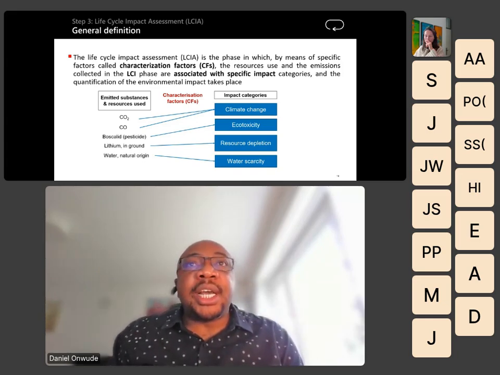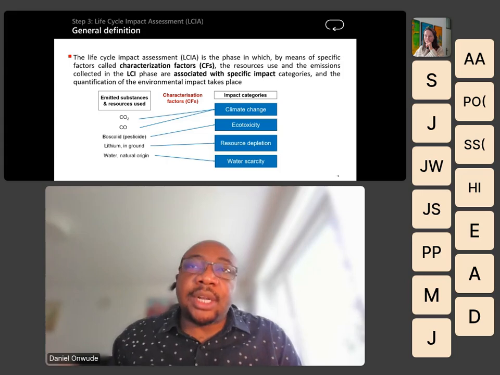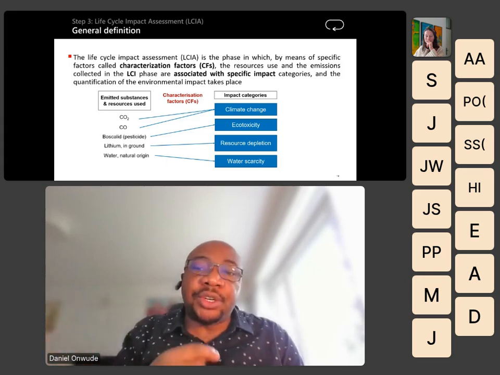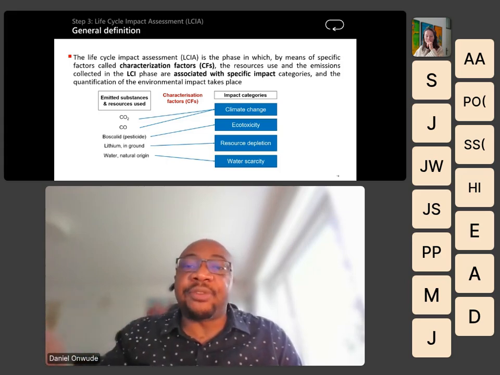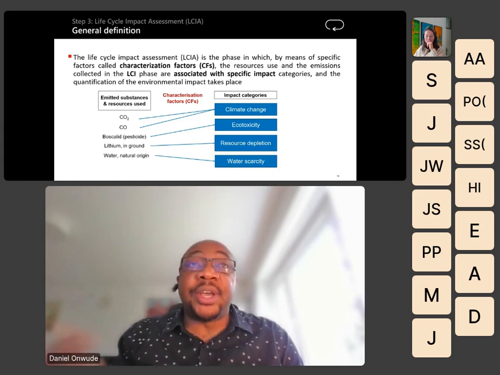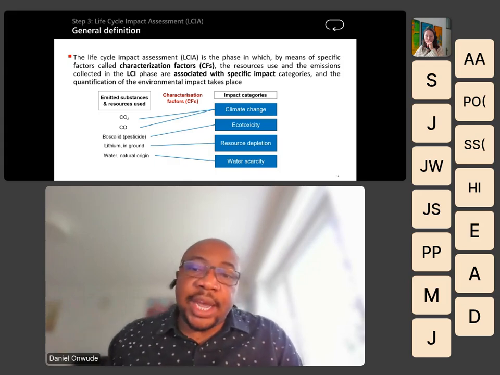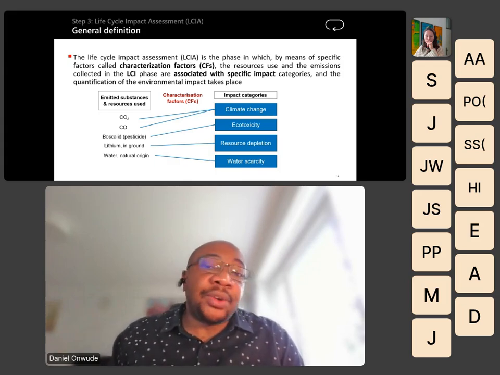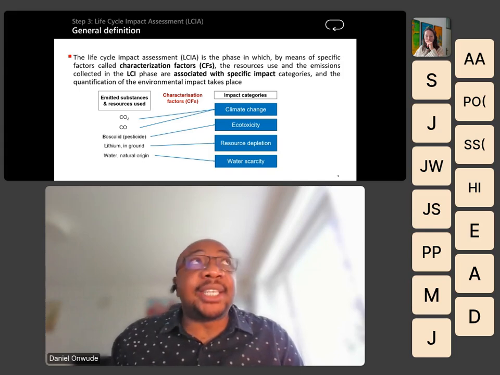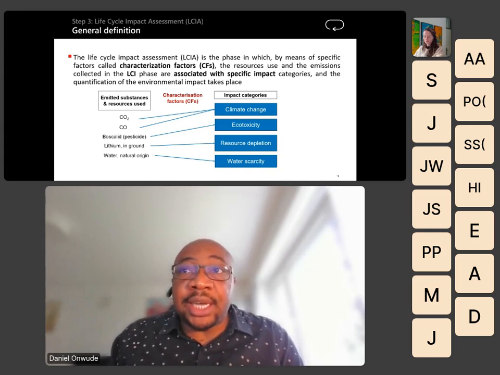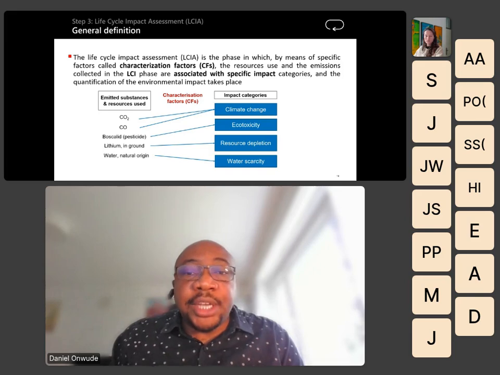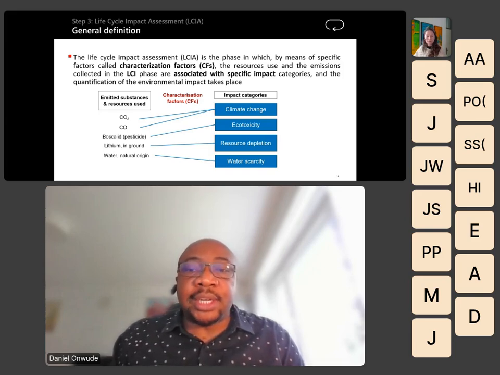The characterization factor tells us how much each emission or resource contributes to a specific type of impact, right? So for example, CO2 affects climate change, while pesticides contribute to ecotoxicity. Lithium extraction is linked to resource depletion, and water use relates to water scarcity.